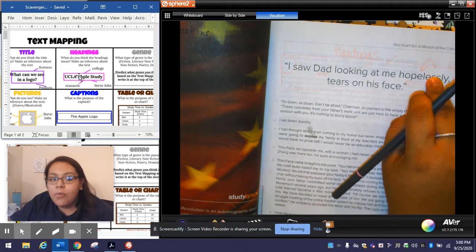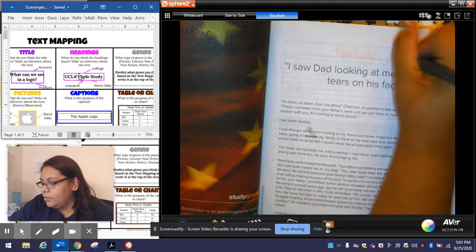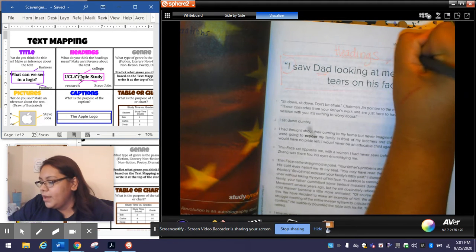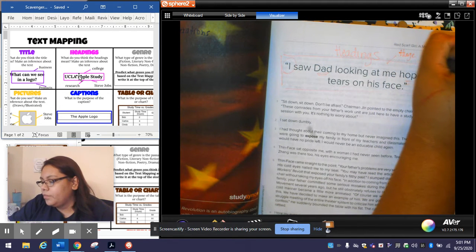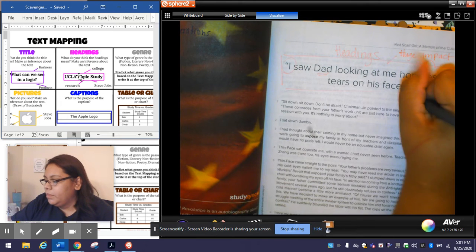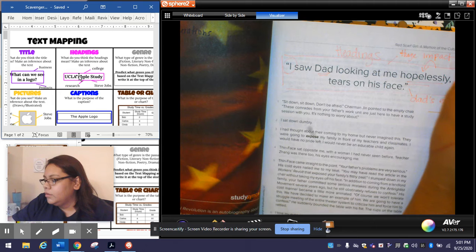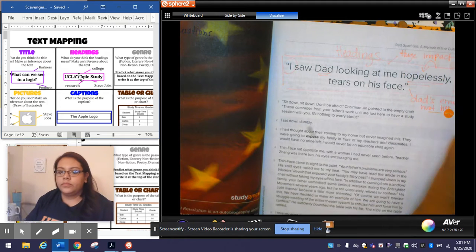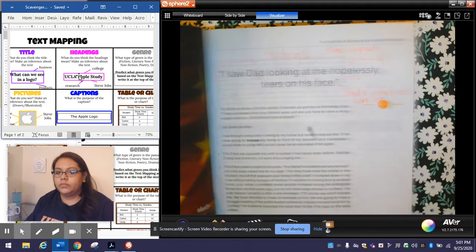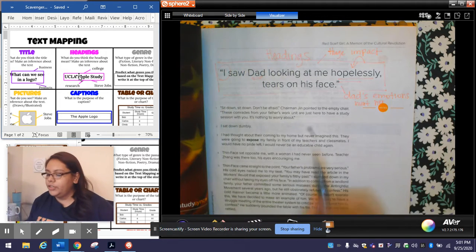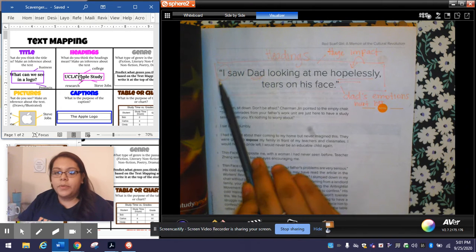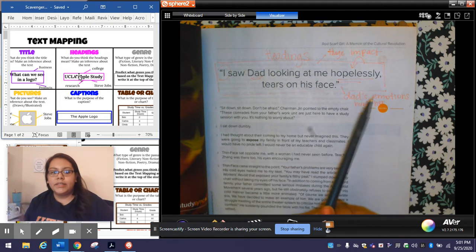It affects her so much. So we can put huge impact. We can put her dad's emotions hurt her. So again, huge impact. We know it's in first person. We know her thoughts and emotions.